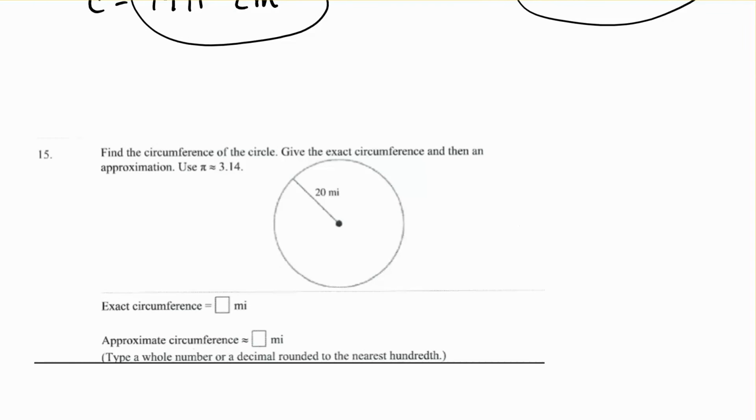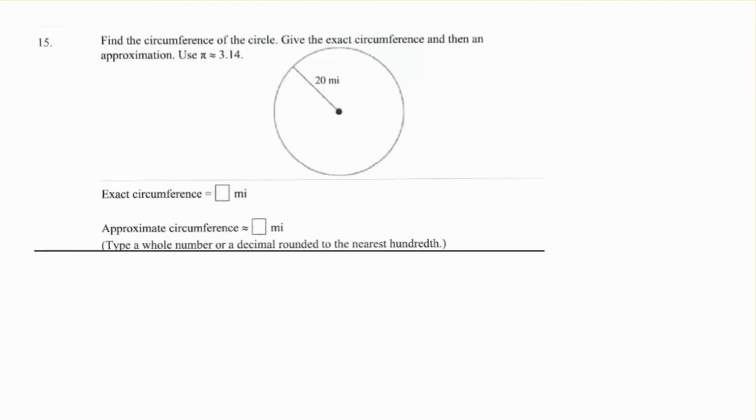All right. Let's do it again. This time we have a circle, and the radius is 20 miles. Now that's nice because I need to know the radius in order to find circumference. So, exact. That means that I leave pi in it, and pi will be over in your tool palette in MyMathLab.